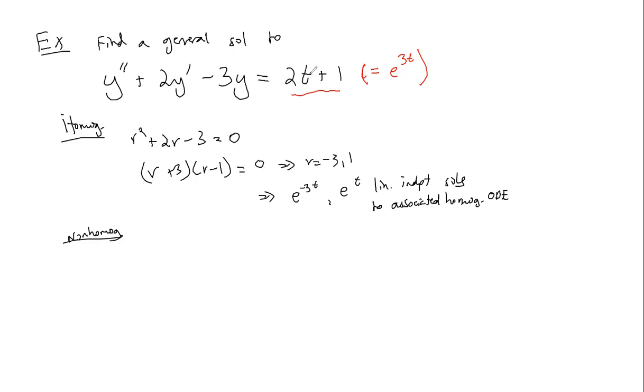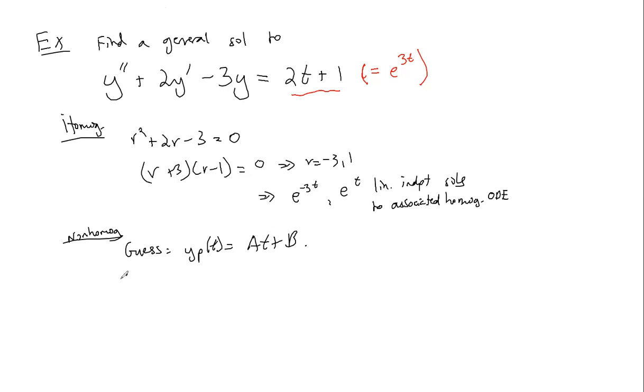And because its degree is 1, only polynomials of degree at most 1 are going to give us, when we plug it into the left-hand side, a polynomial of degree 1 on the right-hand side. So we should guess the particular solution is a polynomial of degree 1. So here's an arbitrary polynomial of degree 1, At plus B. A and B, we don't know yet, so we need to solve for those.